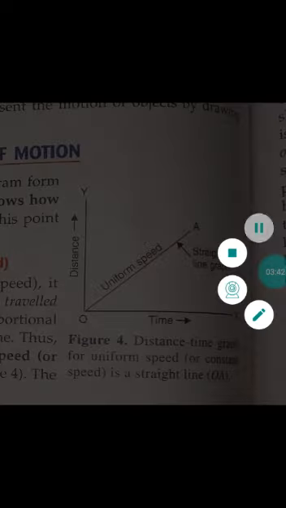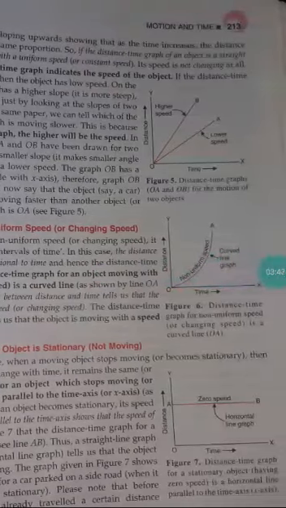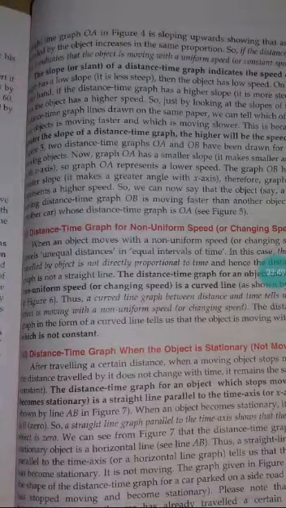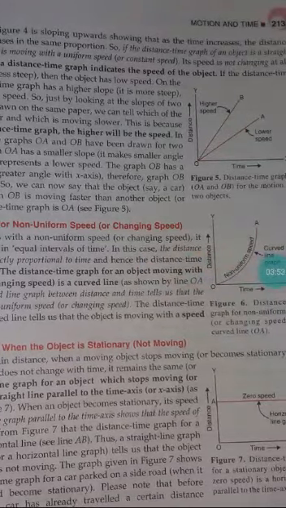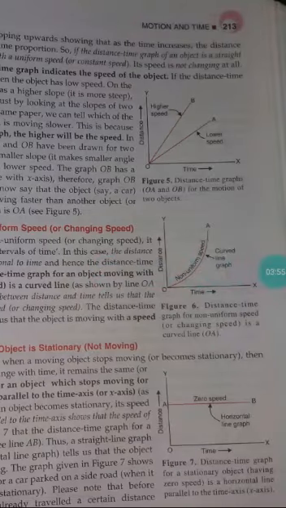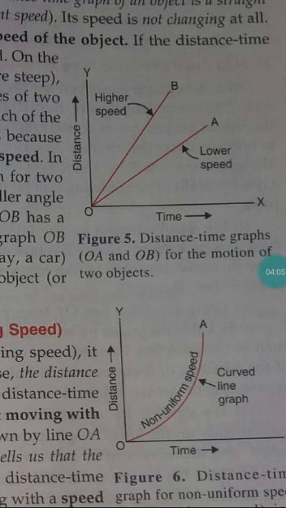Okay, now students, on the next page, that is 213 in your book, there is another graph, figure 5. You can see here there are two graphs, OA and OB, that is, two speeds are mentioned here. Here OA is given as the lower speed and OB as the higher speed. So why is it like that?